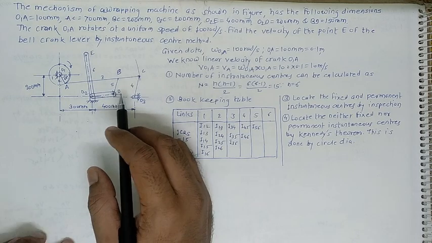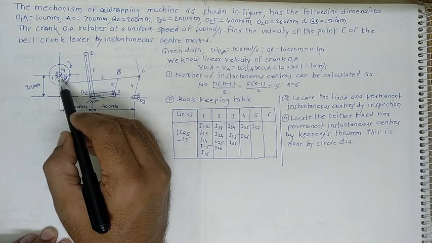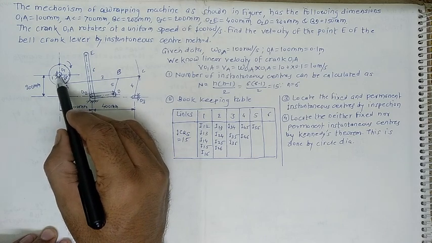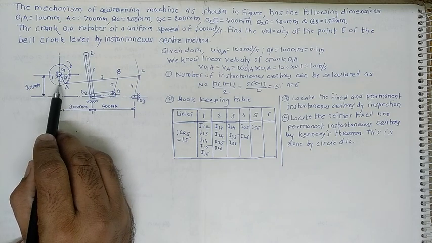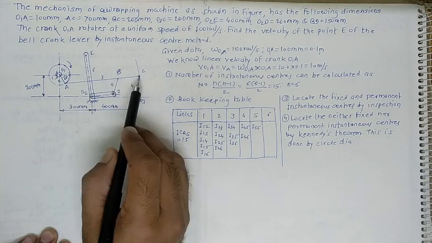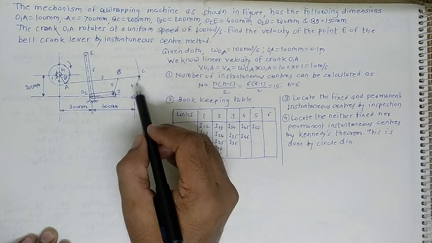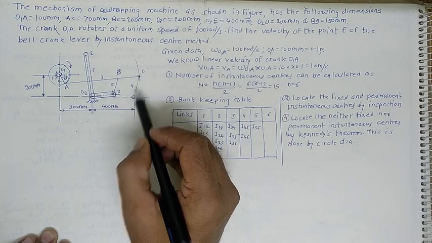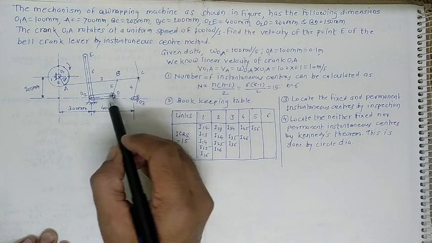So here is the crank given. Beside this crank, this is nothing but the fixed link. Give the number 1 for this one. For the crank, give the number 2. For this entire link AC, give the number 3, number 4 in the sequence for this one, number 5 for this one, and number 6 for this entire bell crank lever.